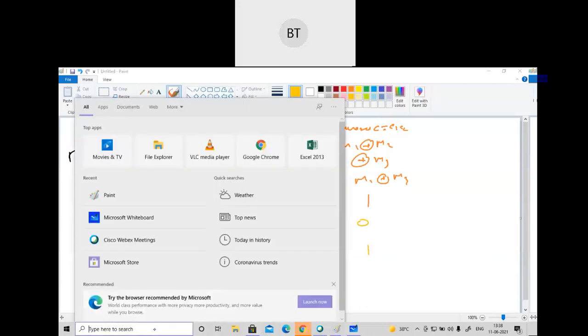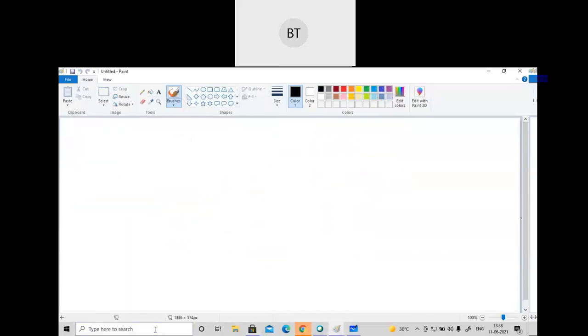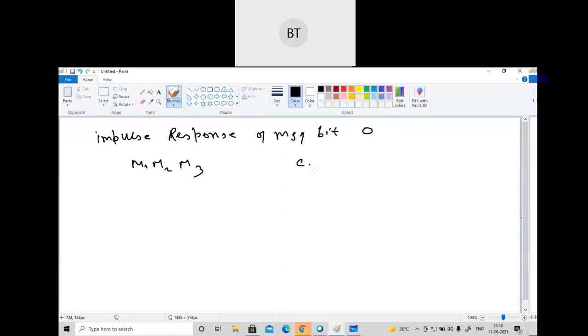Now we'll make the diagram for impulse response 0. I'll write here impulse response of message bit 0. M1, M2, M3, and the same thing for C1, C2. You are already aware: the reset position will be 0, 0, 0. For C1 write M1 XOR M2 XOR M3, and for C2 write M1 XOR M3.